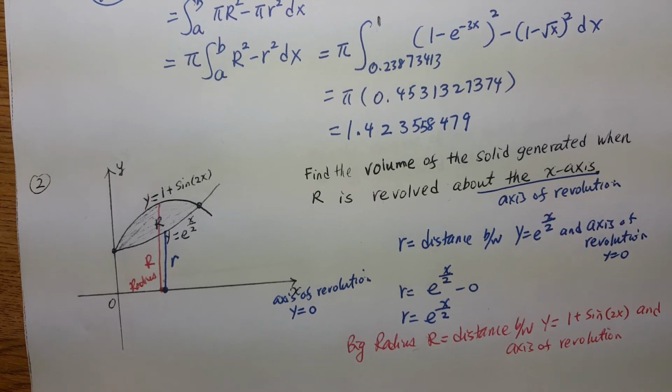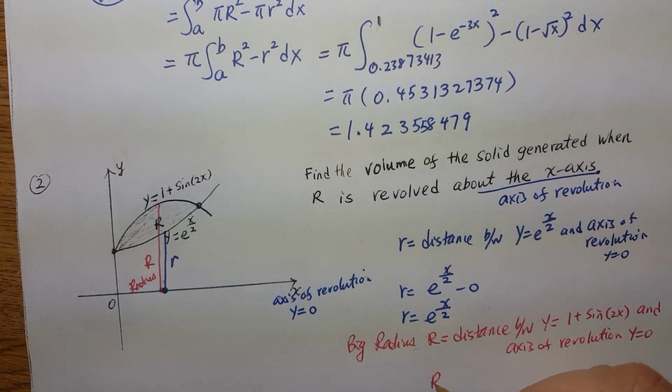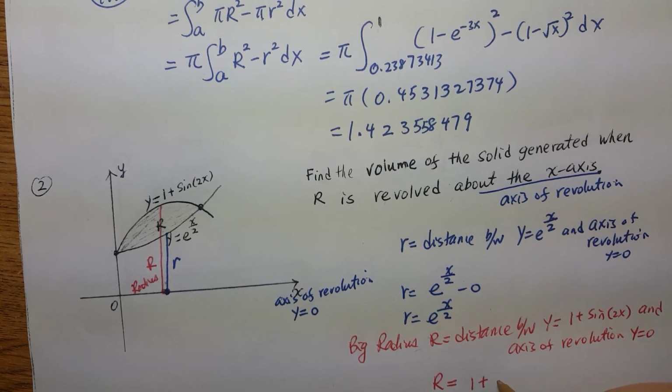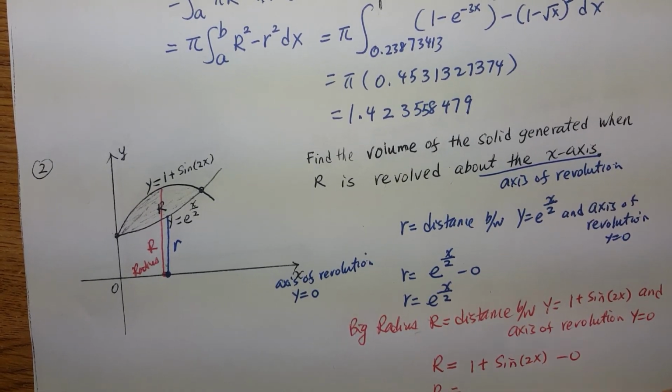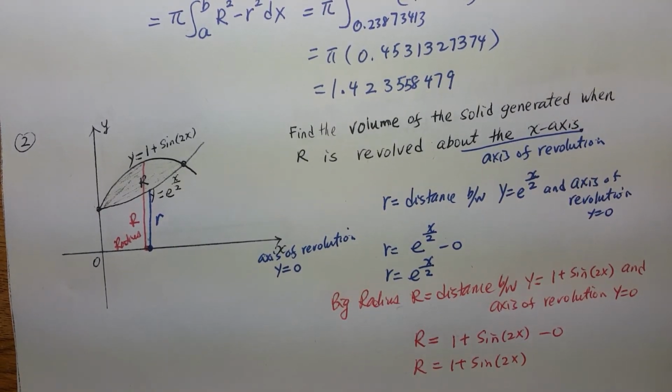It's always between the curve and the axis of revolution. And this time it is y equals 0. So now we got R equal to top minus bottom, 1 plus sine 2x minus 0, simplify. So now we found our big R and small r.